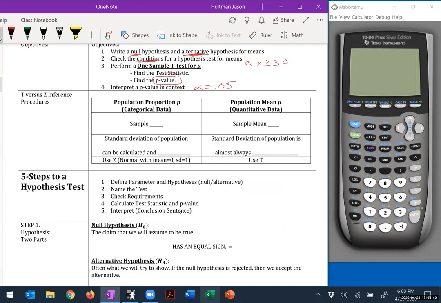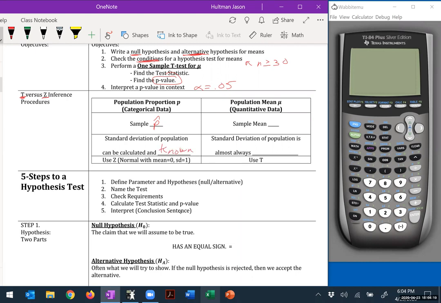T versus z. When do we use t? When do we use z? We use t when we're talking about a mean, and we use z when we're talking about a proportion. The sample statistic for a proportion was p hat, and the standard deviation could be calculated and known.